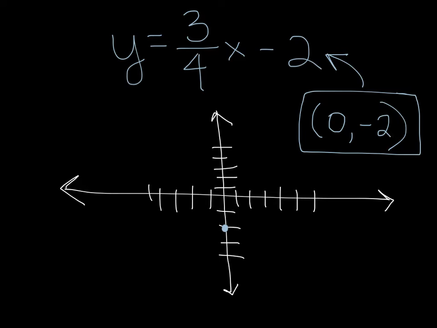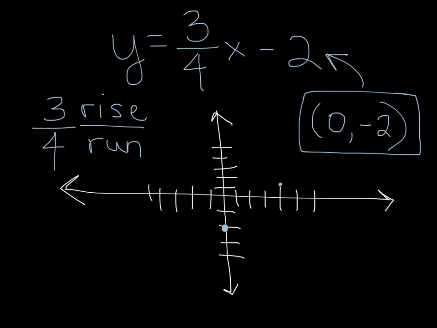The slope is now 3/4. And this is a rise over run. So rise over run is how we think of slope. Or the slope of a line is how fast it's rising and how far it's running. So rise over run means that you rise 3 and then you run 4.